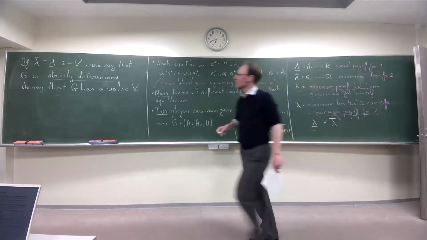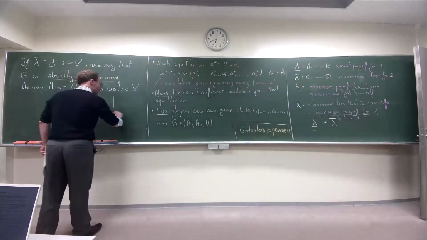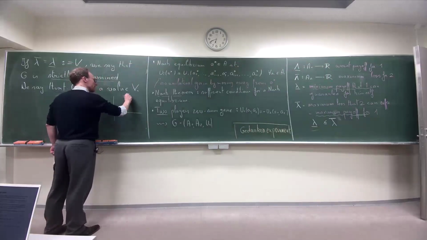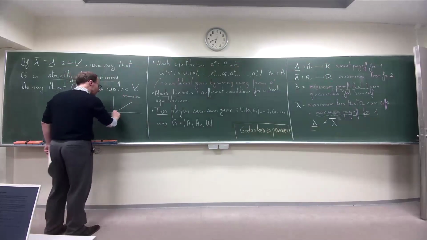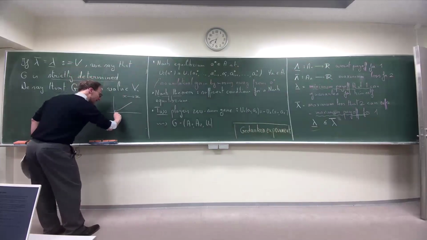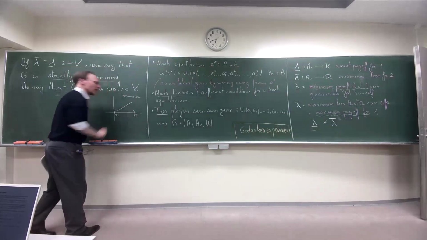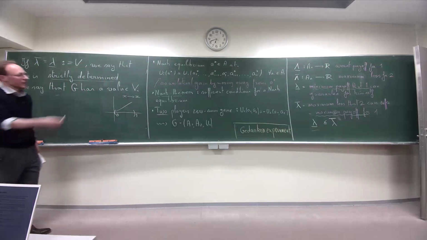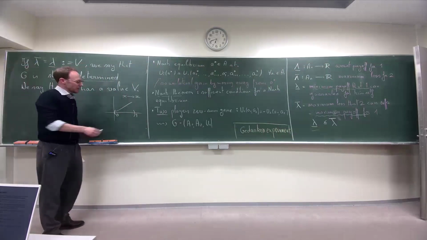Why? I just remind you of something from calculus 1. Take the function x goes to x on the interval 0, 1. What is the maximum value or the supremum of this function on this interval? Do you reach 1? No. It's just an analogy.